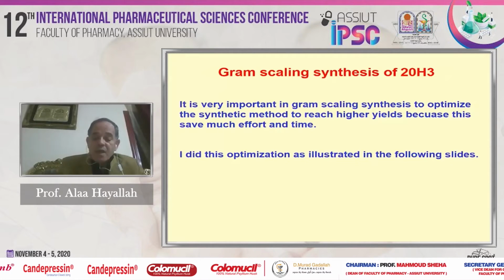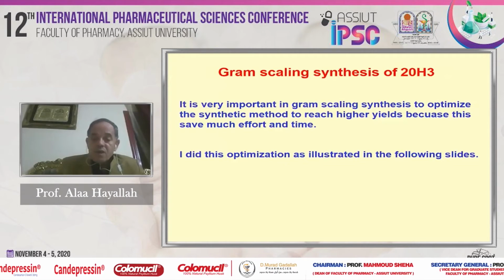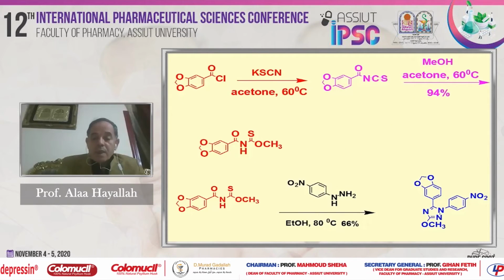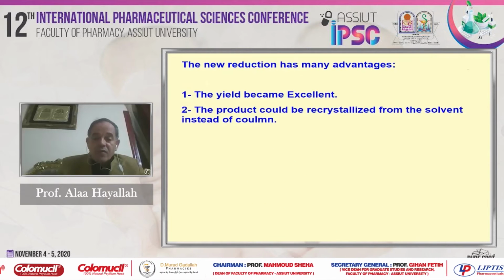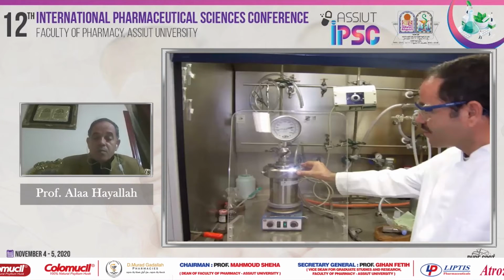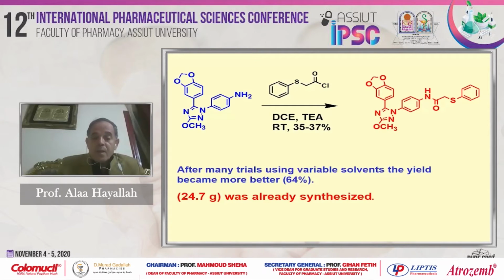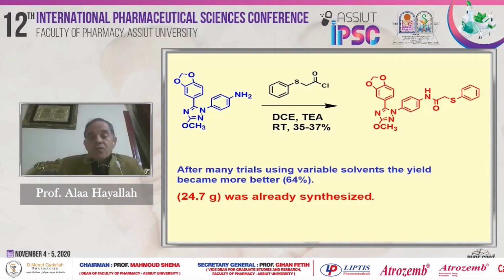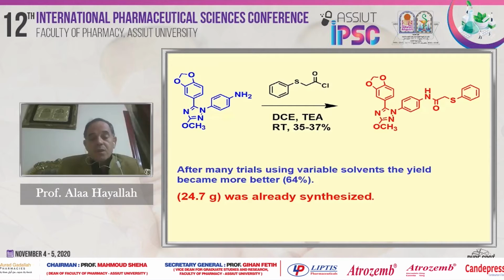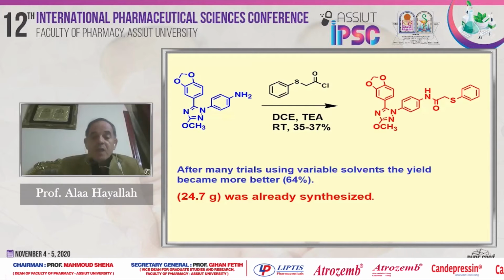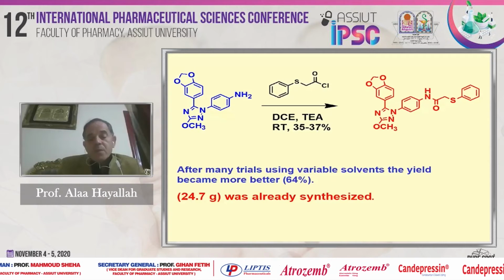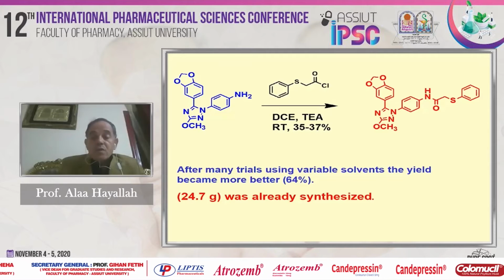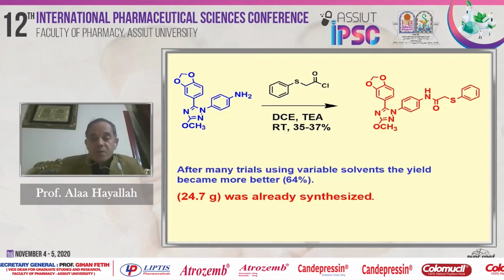In gram scaling, we optimized the procedure quickly, just changing the method of reduction from chemical to catalytic reduction using an autoclave, as you see, and the yield improved from around 34% to 64 or 70% after reduction using an autoclave, and we got 24.7 grams of CSNH3 as the standard compound for cytohesin inhibitor in vivo experiments.